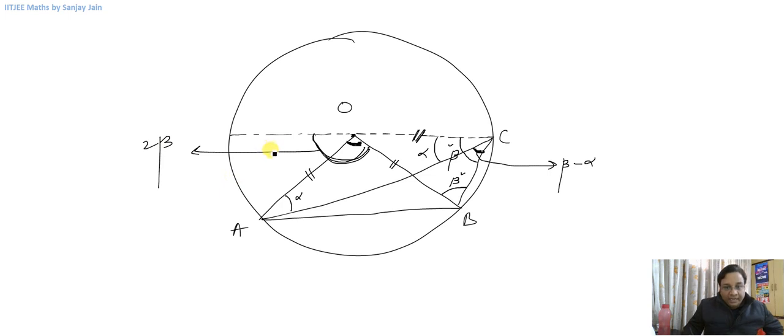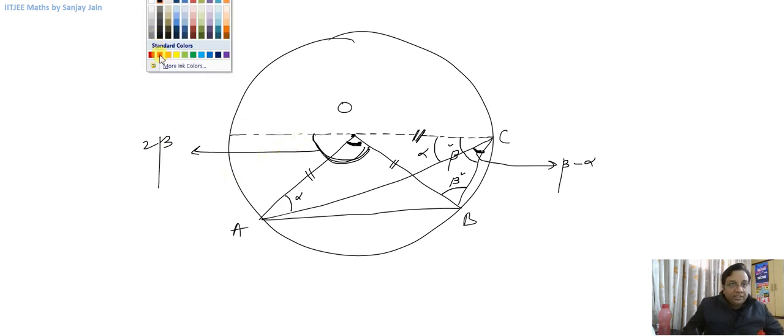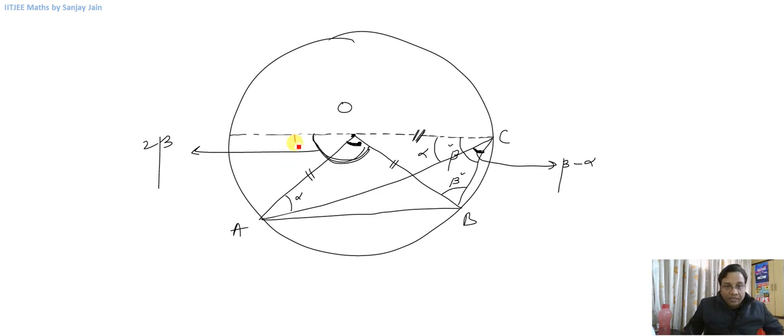And if I look at this angle, let me change the color so that you can understand clearly, this will be an exterior angle for triangle OAC. Hence it will be equal to alpha plus alpha, 2 alpha.